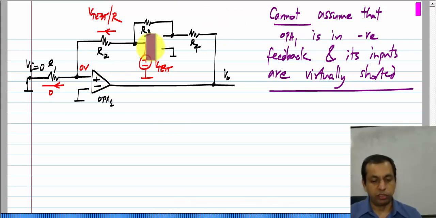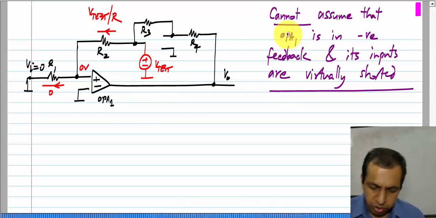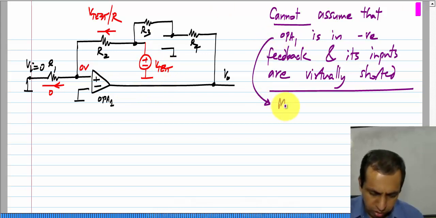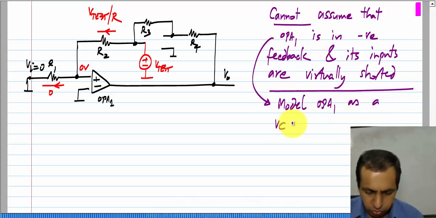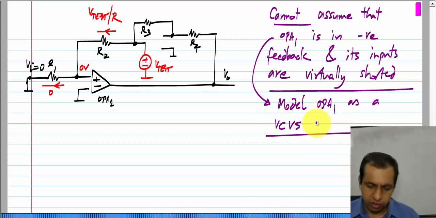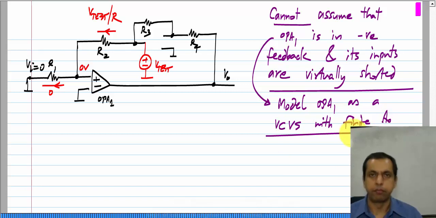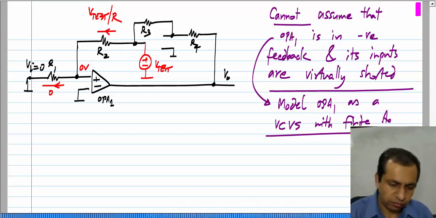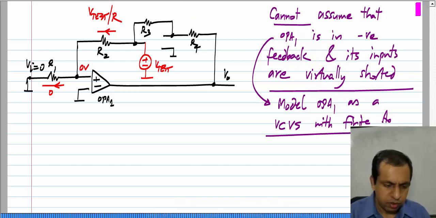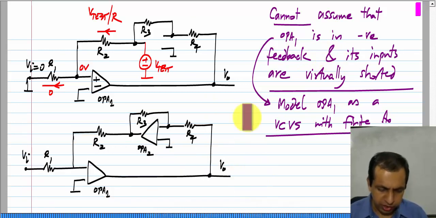Now, when the circuit is complete with this op amp, it will be in negative feedback and its inputs will be virtually shorted. But when OPA 2 has been removed and you replace that with V test, you cannot make this assumption anymore. So, in that case, you have to model OPA 1 as a voltage controlled voltage source, okay, with finite gain. Okay. So, let us do that instead.